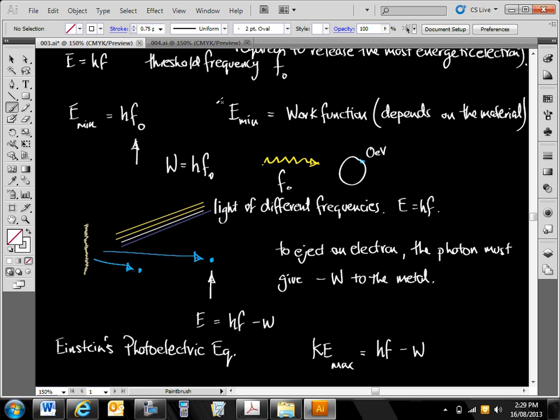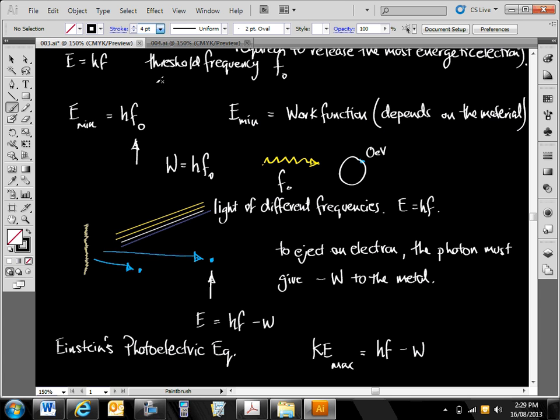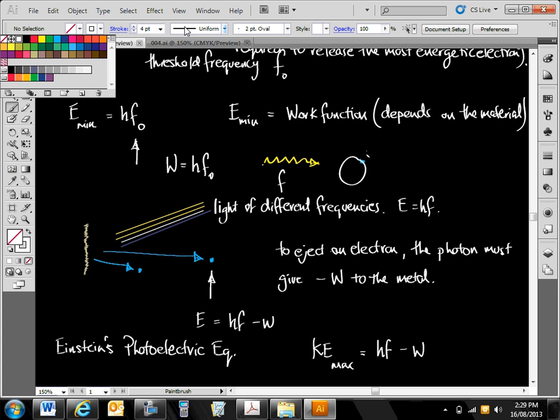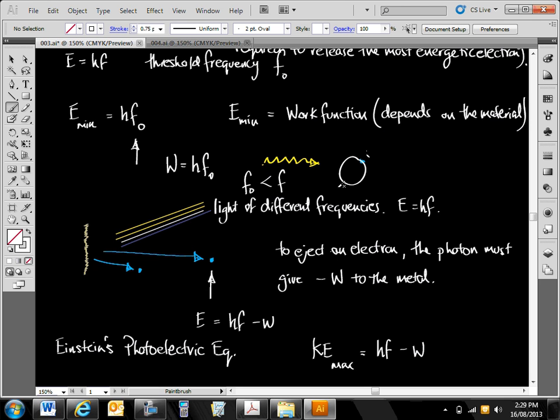If I give it more energy, say if I increase that energy to some value f, and f is greater than the threshold frequency, how much energy is that electron going to have? We know that the energy of this photon here is E equals hf, isn't it?